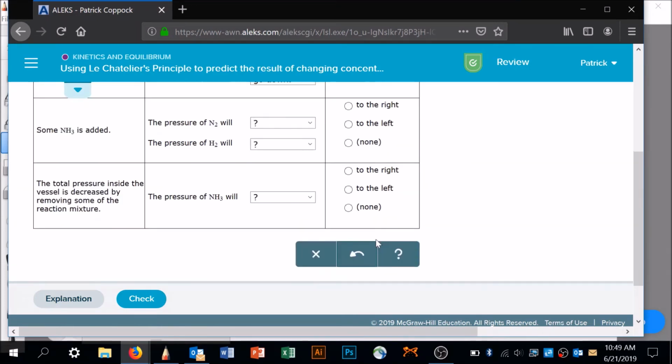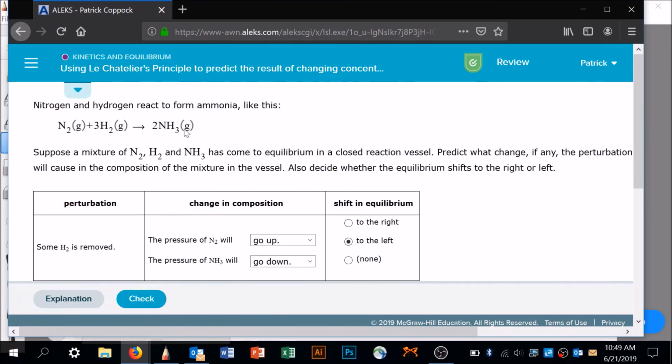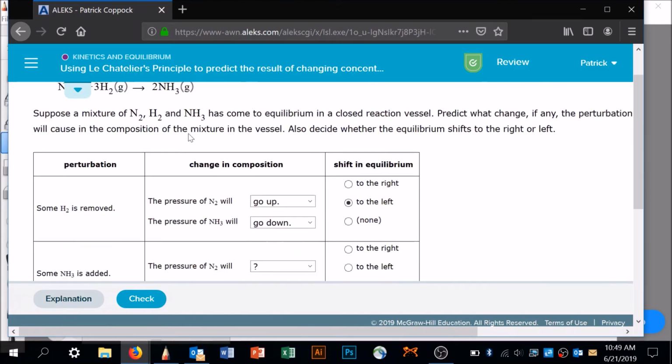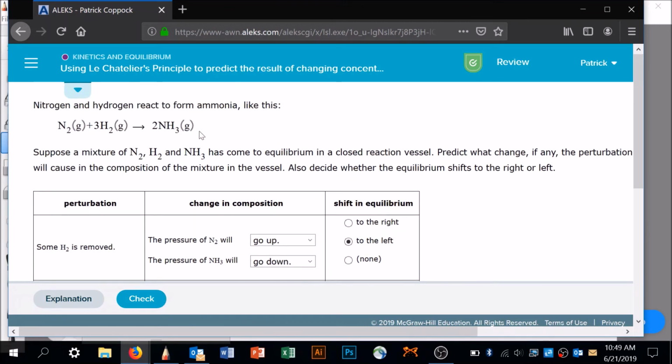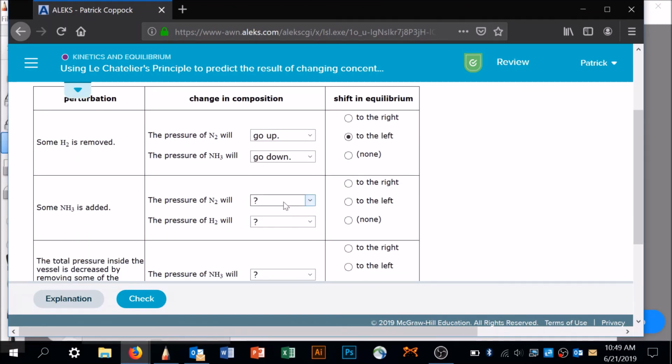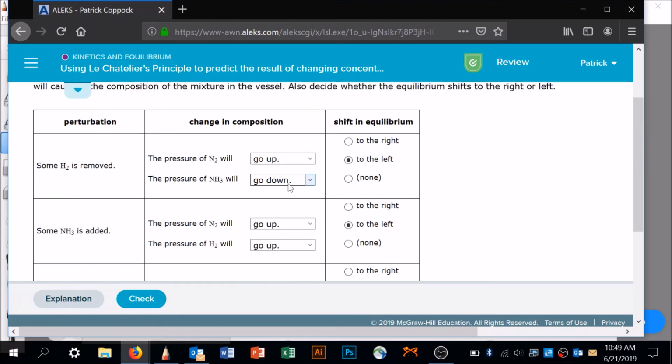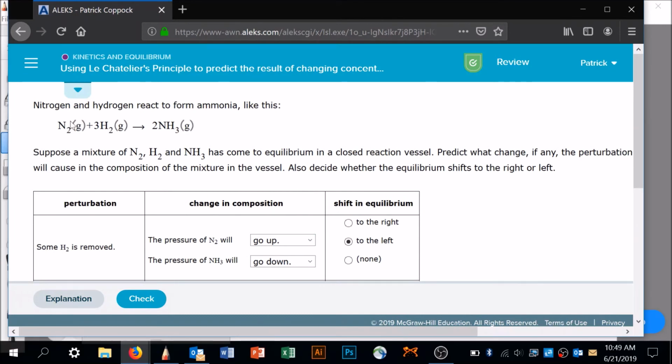Okay? Now, if ammonia is added, that means that we're going to start pushing things that way, right? To relieve that pressure. So both of these are going to go up, and it's going to go to the left, okay? Let's predict what the last one's going to be. There's 4 moles of gas over here and 2 moles of gas over here.